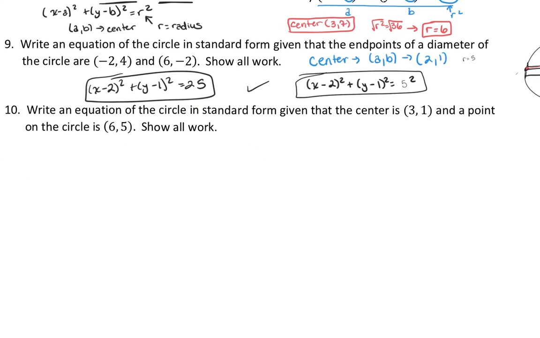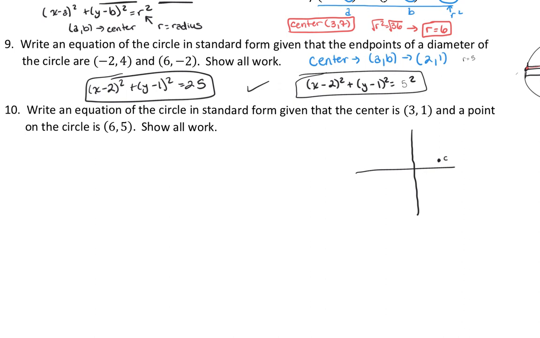All right, now on to the last one. It says, write an equation of the circle in standard form given that the center is 3, 1 and a point on the circle is 6, 5. Show all work. So there's a few ways that you can approach this problem. So first of all, let's look at this as if it were plotted on a graph, right? So we have some center 3, 1, right? This is our center.